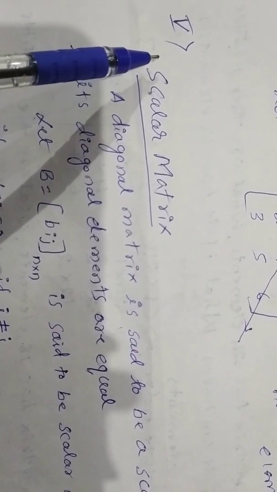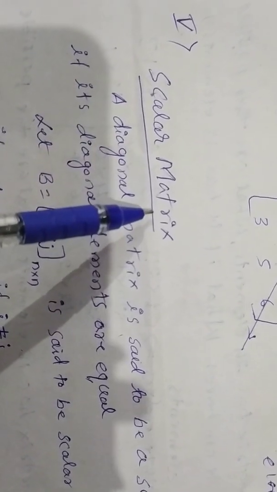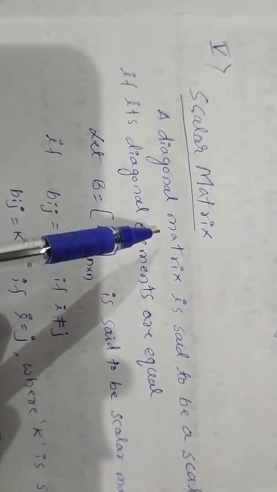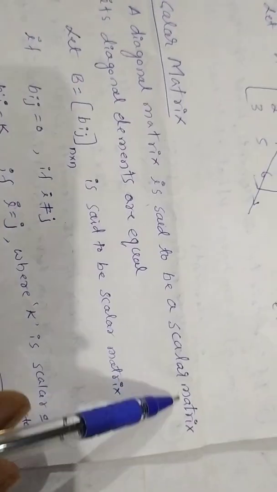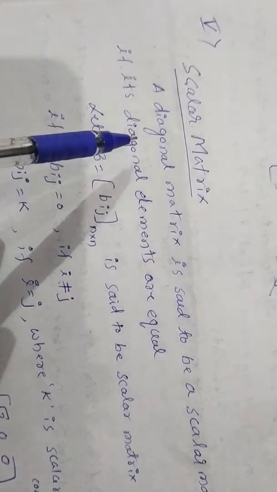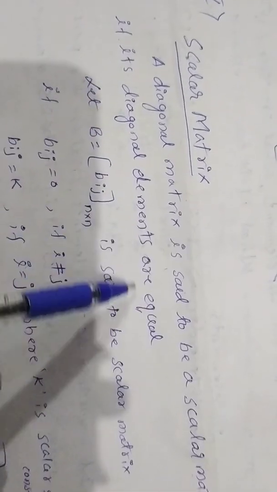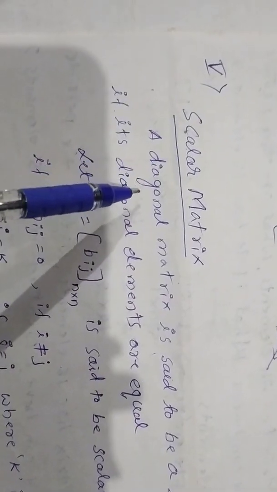The next type of matrix, that is the fifth one, is the scalar matrix. Definition: a diagonal matrix is said to be a scalar matrix if its diagonal elements are equal. See here, a scalar matrix is also a diagonal matrix.